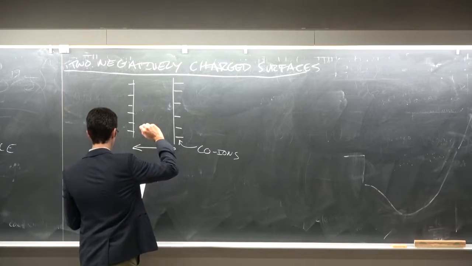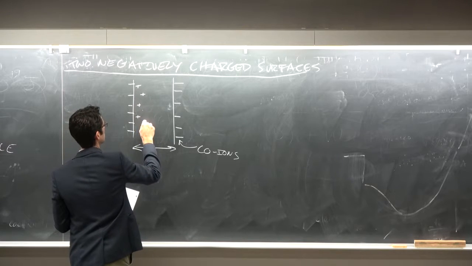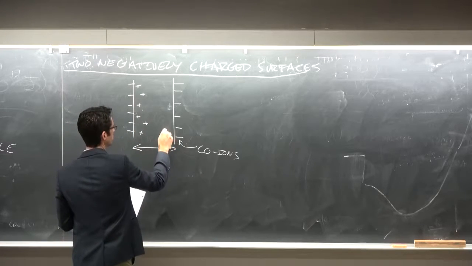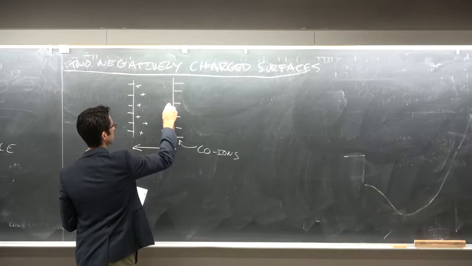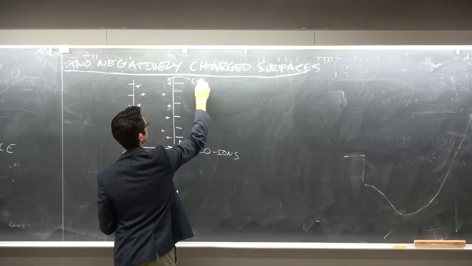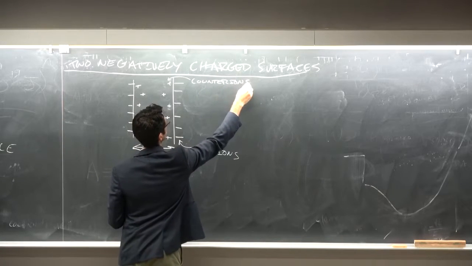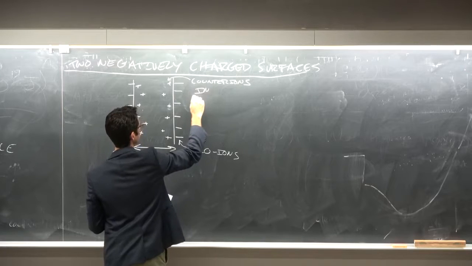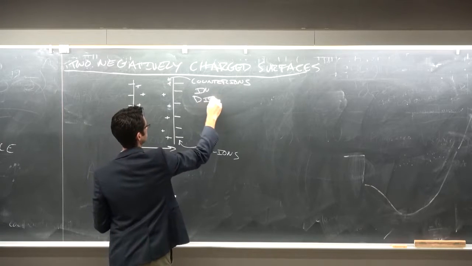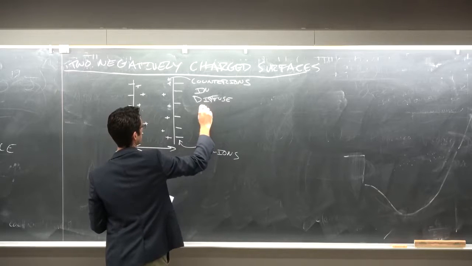And then we have a layer of positive counterions in a diffuse layer.